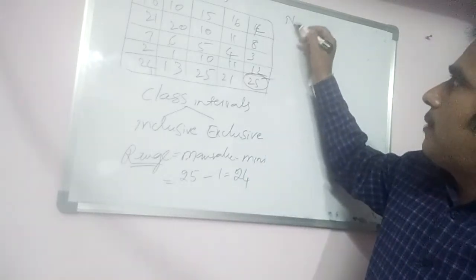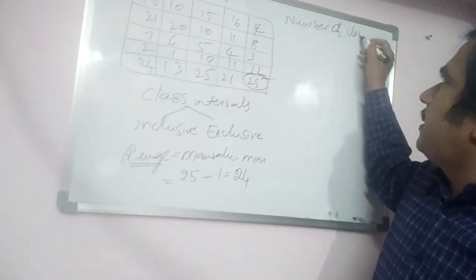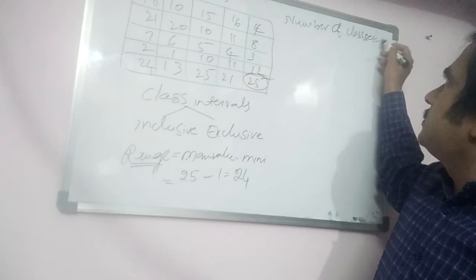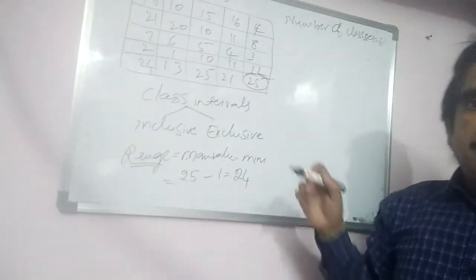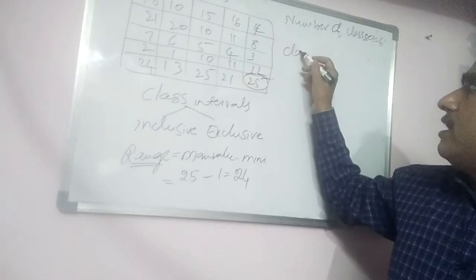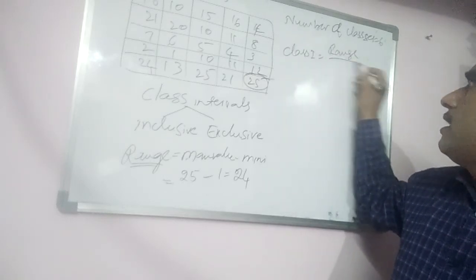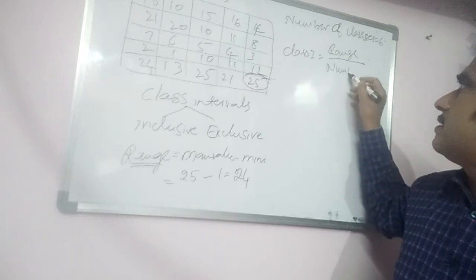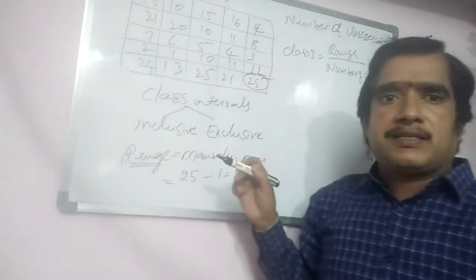When the number of classes is 6, then class interval is equal to range by number of classes.